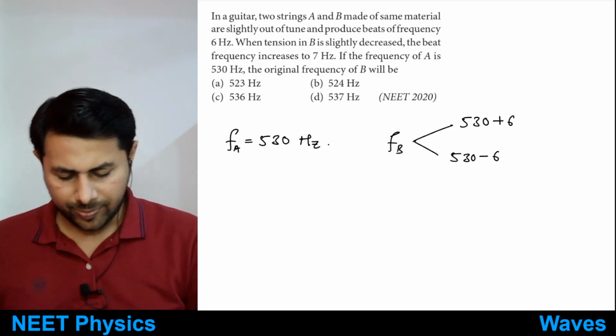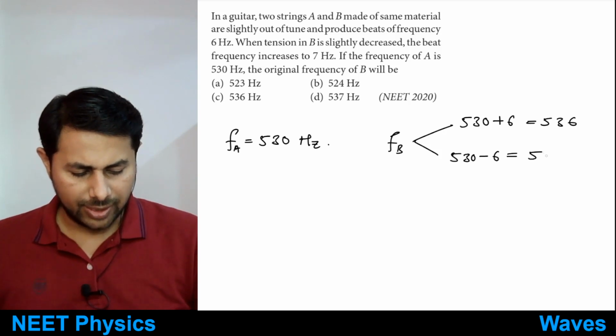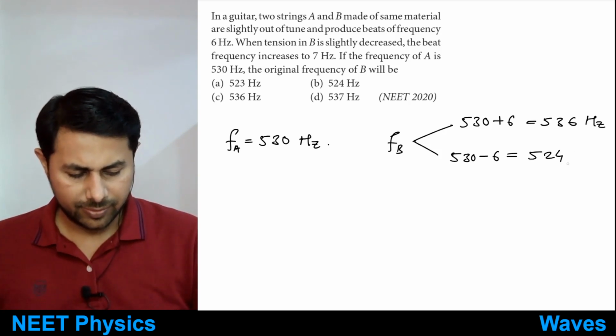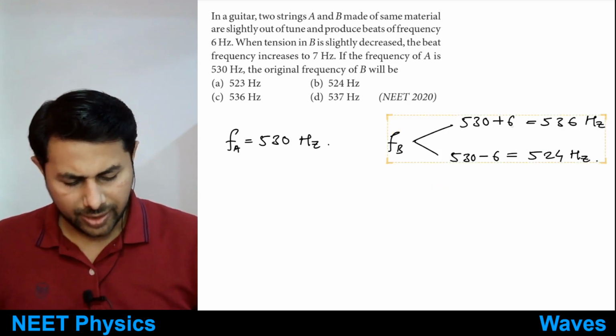So either it is 536, okay, 536, or it is equal to 524 hertz, right?